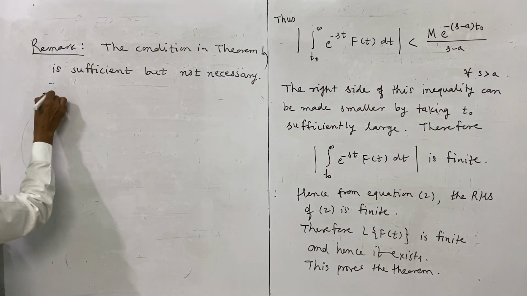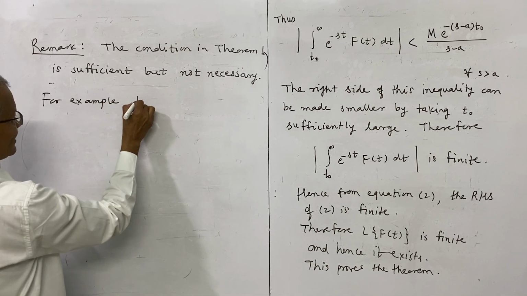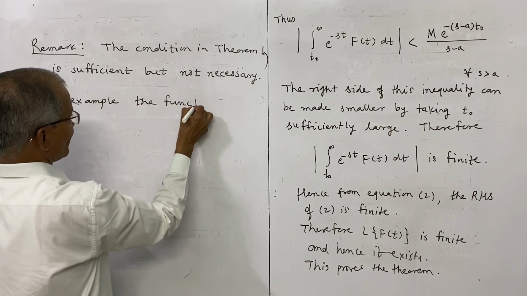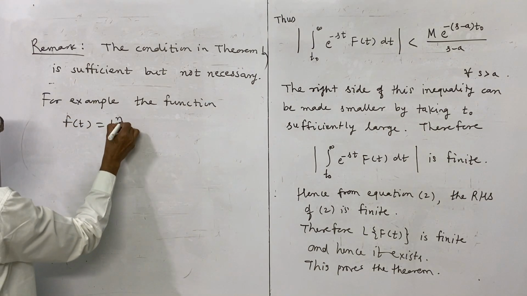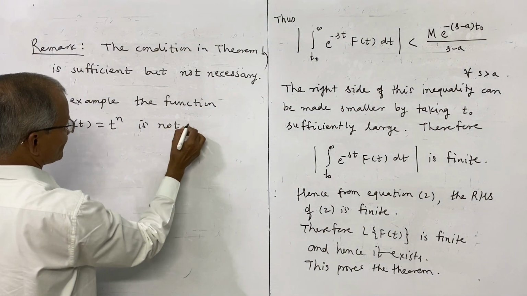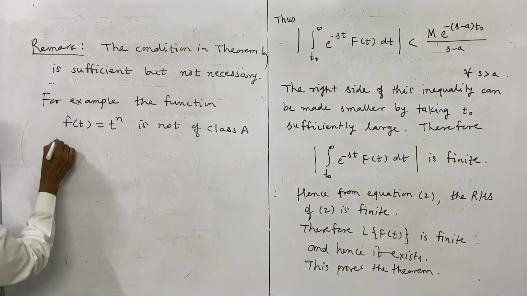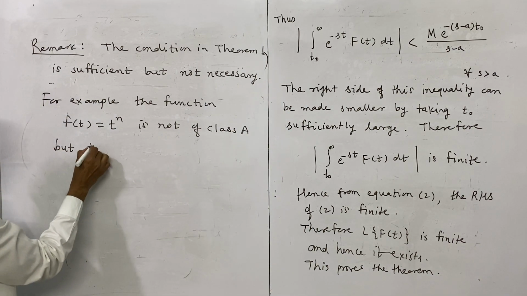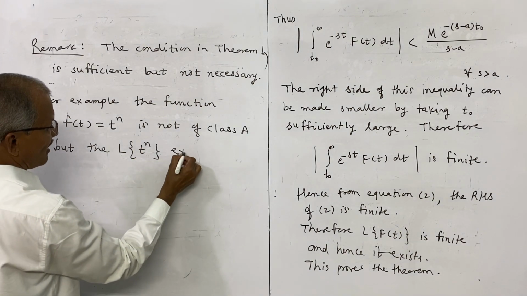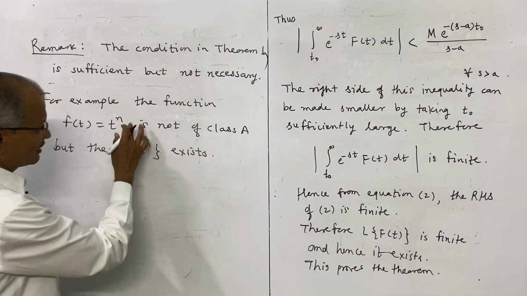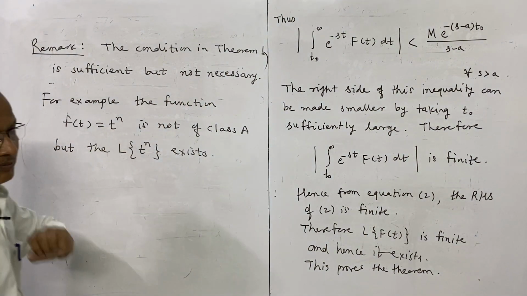So for example, if we say f of t is equal to t power n, it is not of class A, but the Laplace transform exists. L of t power n exists. We shall actually obtain this Laplace transform in the further part. We will obtain the Laplace transform of this t raised to n.